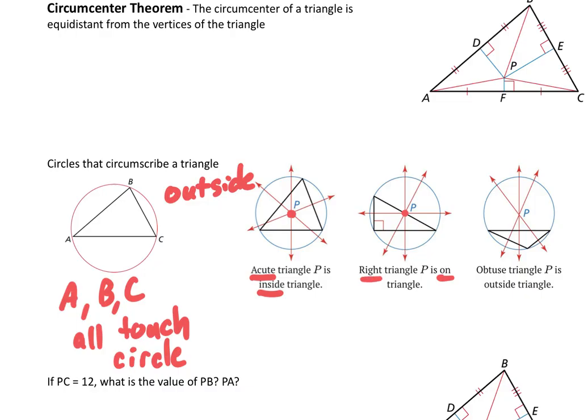So when I have a right triangle, then P will always be on the triangle. And finally, if I have an obtuse triangle, then P will be outside of that triangle. Okay, so in all three cases, we have a circle that goes around the outside of the triangle. It touches the triangle in all 3 points, right? But where those points meet is going to either be inside, outside, or on the triangle, depending on what type of triangle we have. Okay, so that's what we talk about when we talk about a circumscribed triangle.